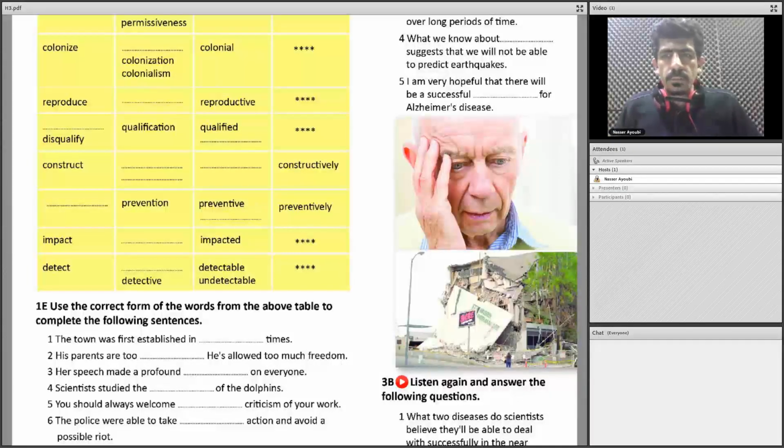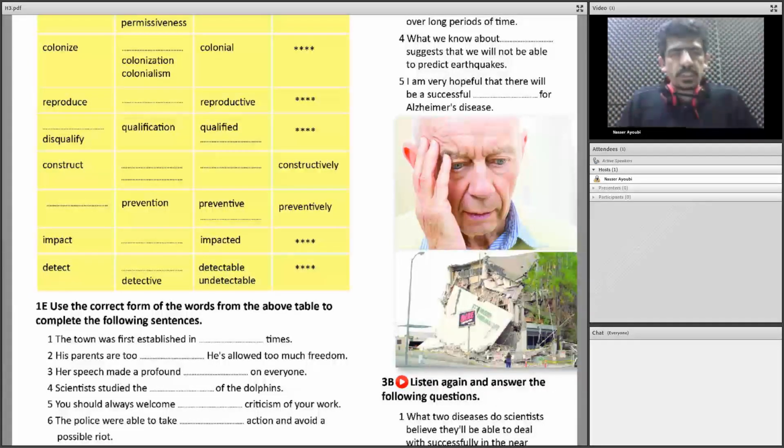So, next one, we have construct. Construct means to build. Nouns could be construction, building something, and constructiveness. We can also have another noun, construct.